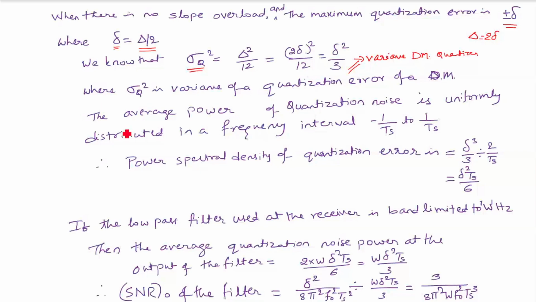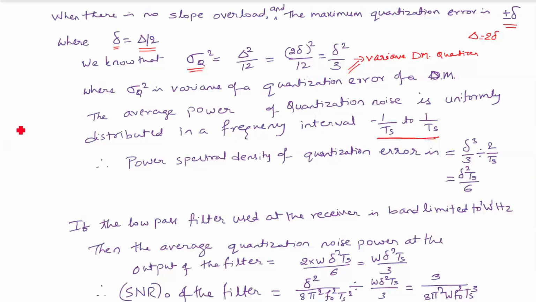Now the average power of the quantization noise is uniformly distributed in the frequency interval from -1 by ts to +1 by ts. The reason is the signal is sampled every ts second, so the sampling rate is 1 by ts. So we can say the average power is distributed uniformly in this range only, right?